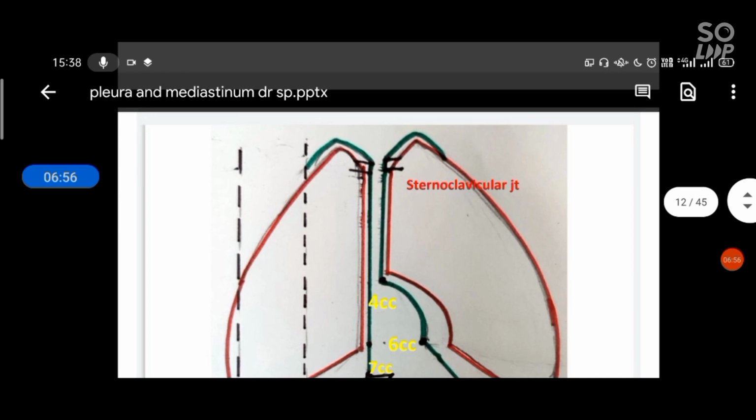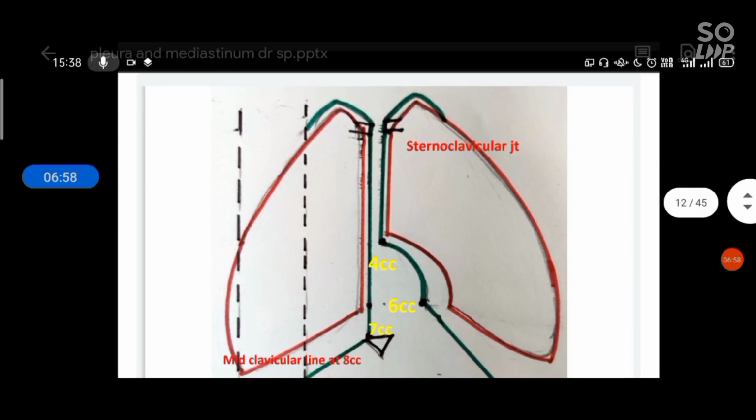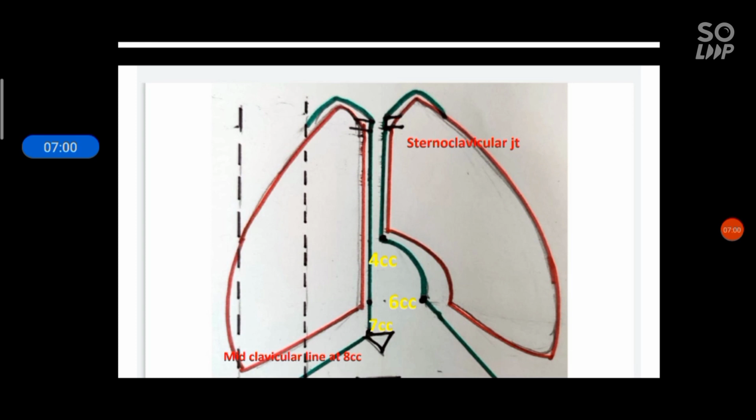It is very important. The first point is taken at the sternoclavicular joint. Then make a straight line on the right side up to the 7th costal cartilage, where the body of the sternum and xiphoid process meet, the xiphisternal angle.